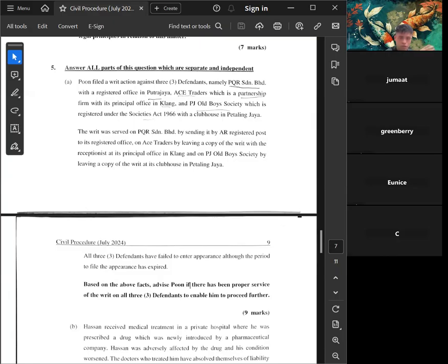But the registered post is just a sticker with a tracking number so that you can trace where the document is being delivered. So on the facts, this is delivered by using AR registered post, arguably it's not valid. Okay.